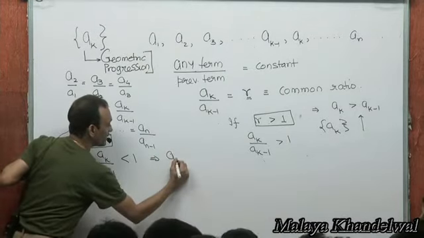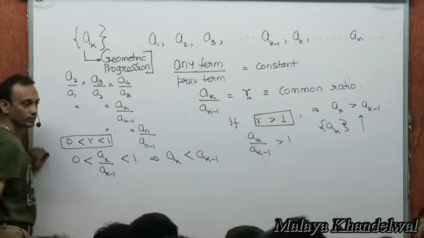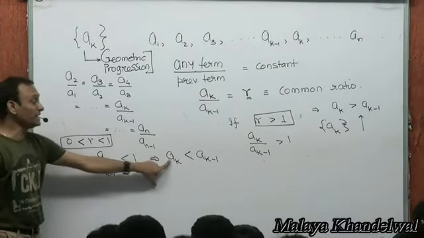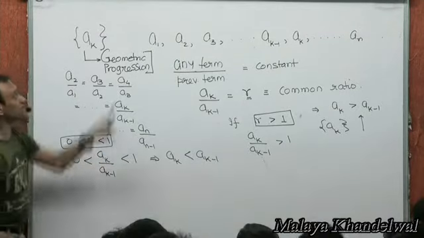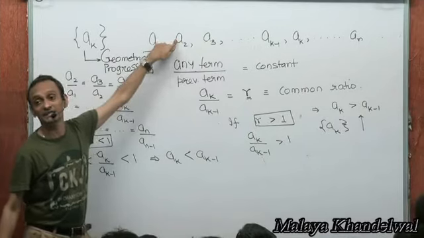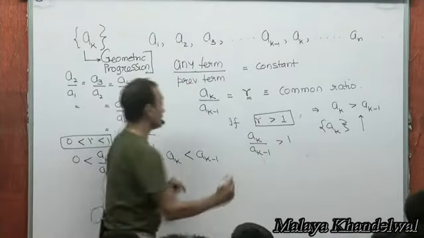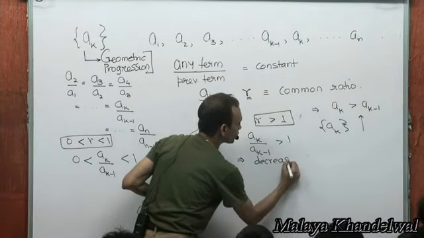That means A_K will be less than A_K minus 1, any term will be less than the previous term. That means it's a decreasing sequence. A2 will be less than A1, A3 less than A2, A4 less than A3.